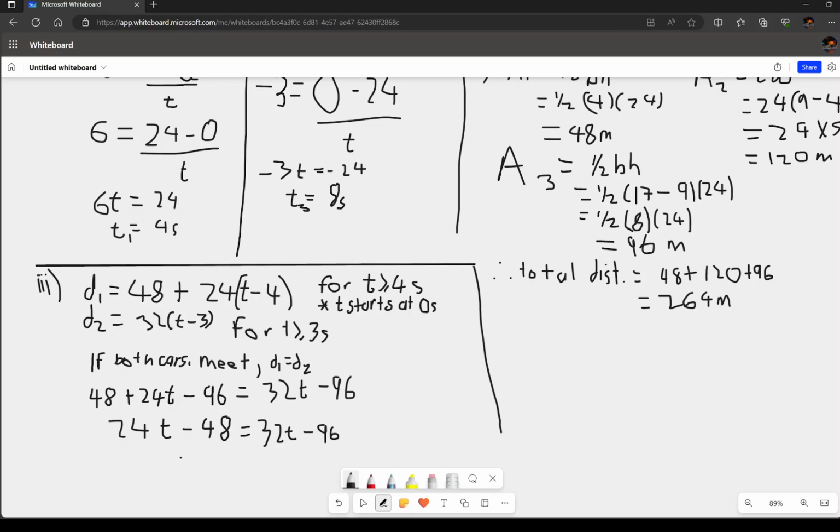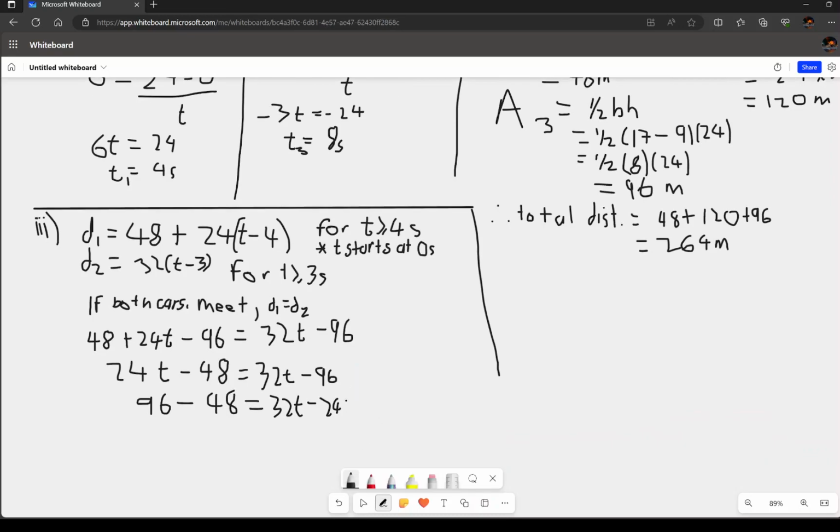And then we're going to transpose, we're going to put like terms on one side. So this 24 is going to go to the right side, and this 96 is going to go to the left side. So this 24 is going to become negative, this 96 is going to become a positive. So it's going to look something like this: 96 minus 48 is equal to 32t minus 24t. Let me just move this down a little bit so I have a bit more space.